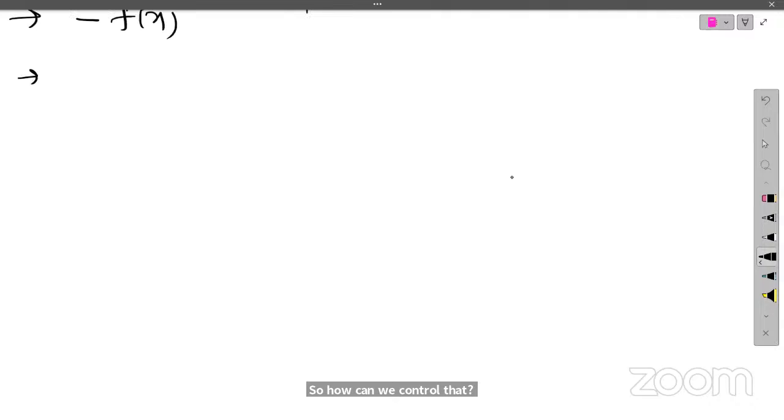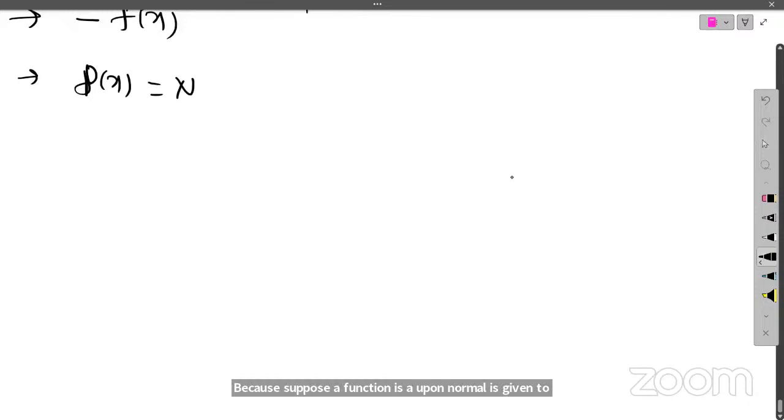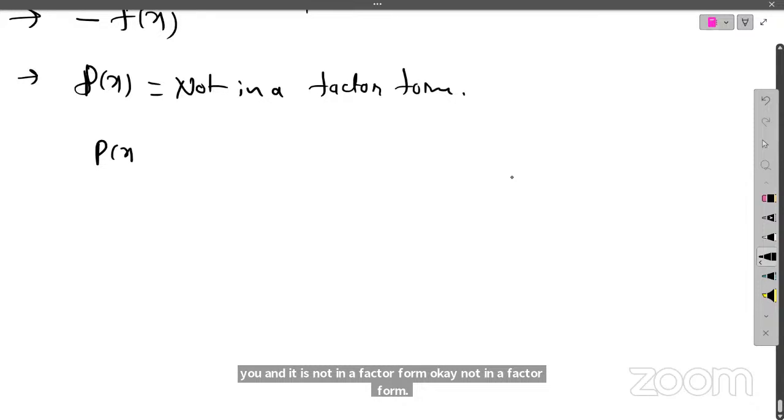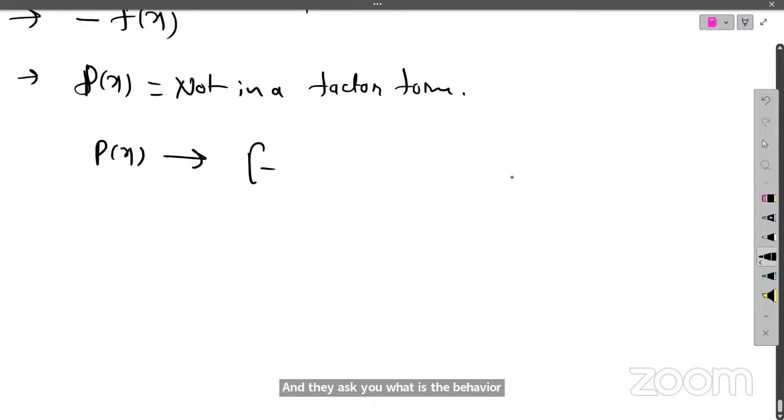Okay, in that case, they are actually indirectly asking you the end behavior. Because suppose a polynomial is given to you and it is not in factor form, and they ask you what is the behavior of p(x) over, suppose, 6 to infinity, correct? Ultimately they are asking you the end behavior.